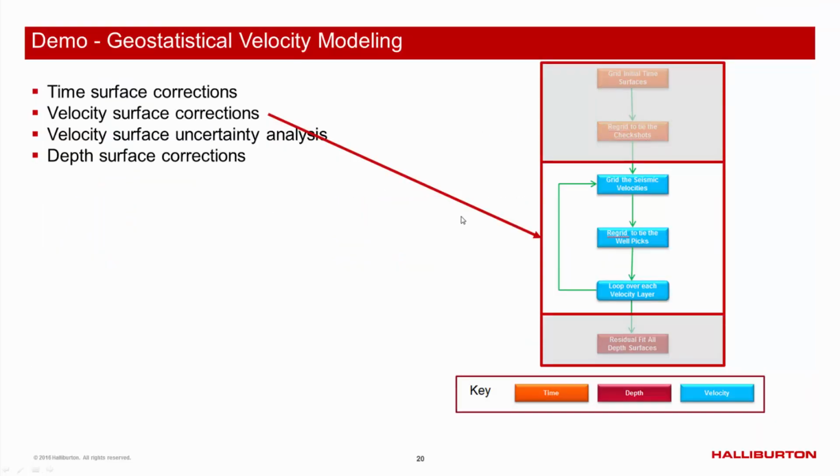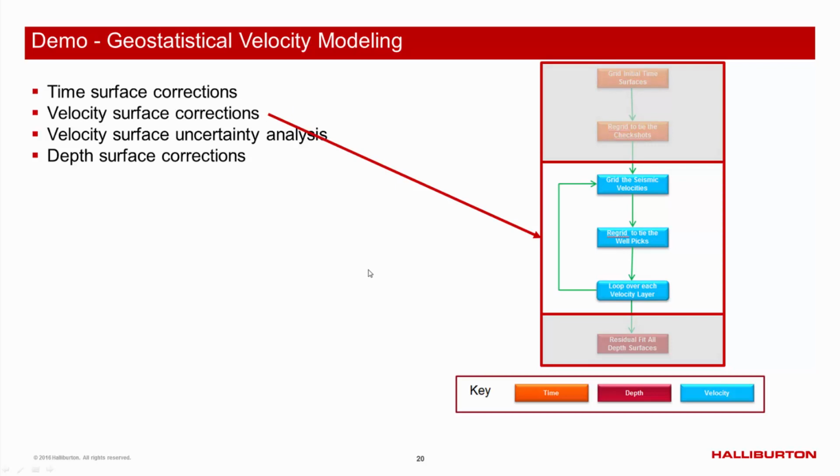Now step two, we're going to take these new time surfaces and try to figure out what the velocities are in between the surfaces, so the layered velocities between each of the surfaces. Now the velocity information that we have regionally is really just coming from the 2D seismic data, okay?